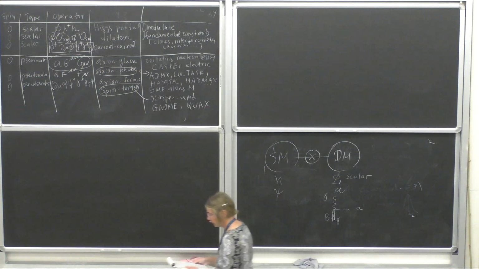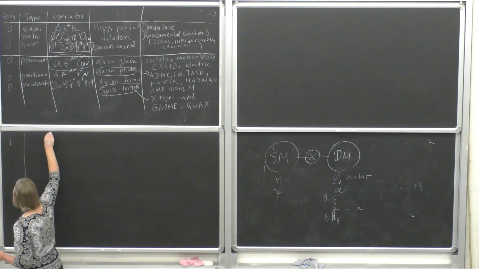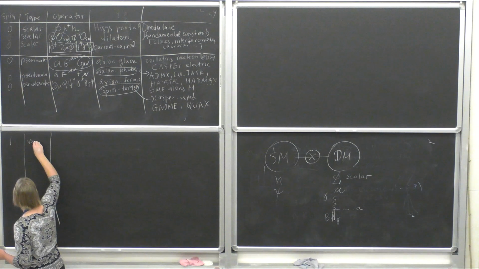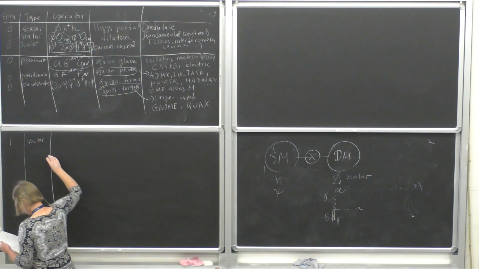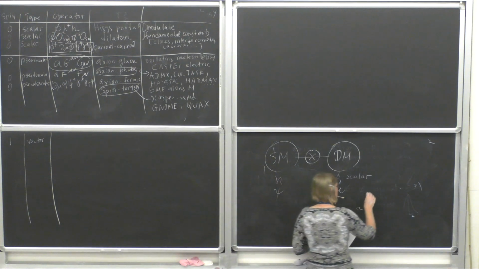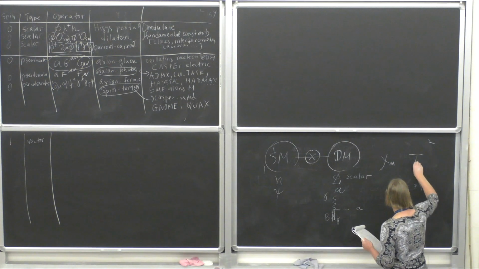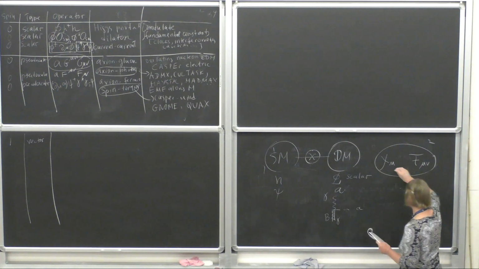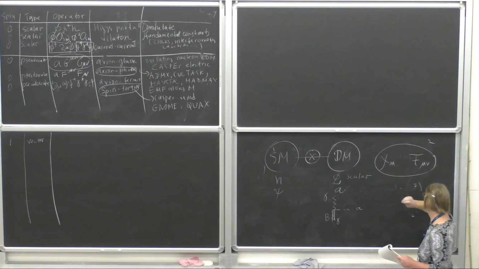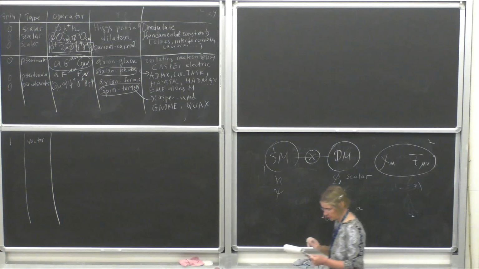So now we're back to vectors, spin 1 vectors. And for the vector, you need to define 2 quantities. We are going to call the vector potential X, and we are going to have this funny F for the tensor.